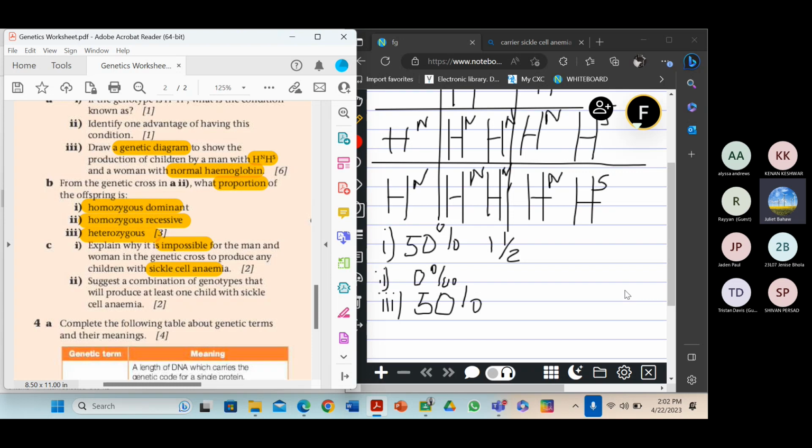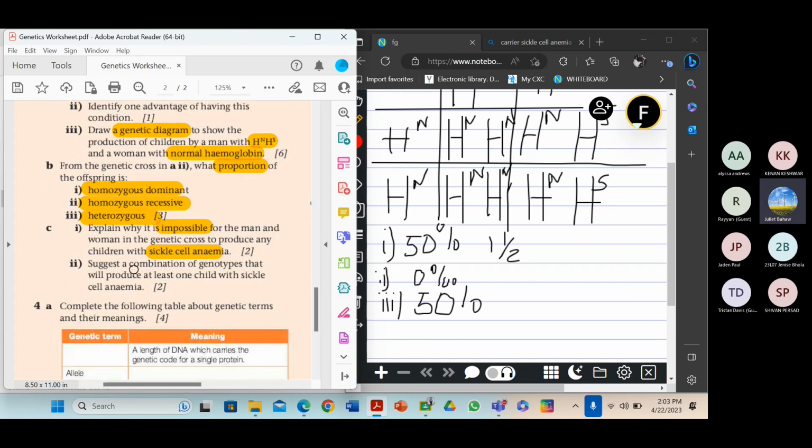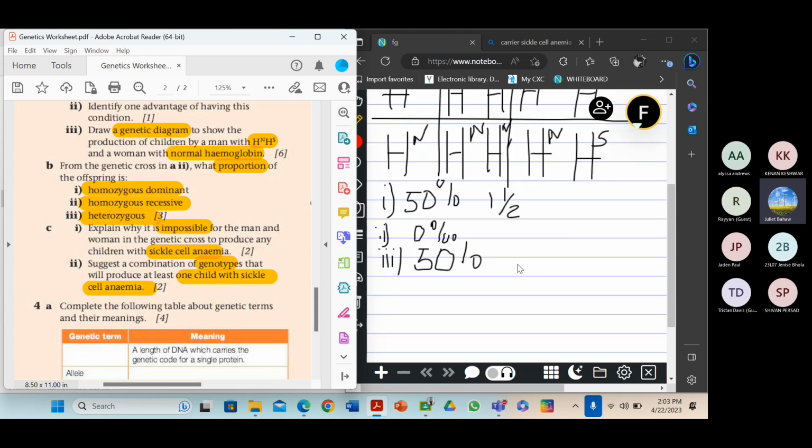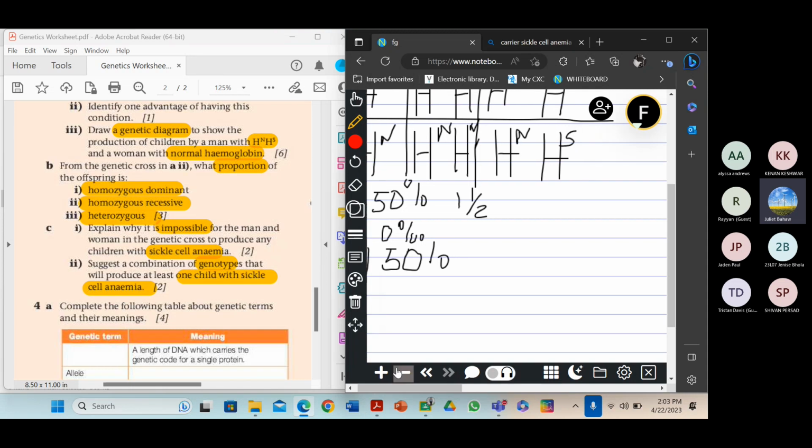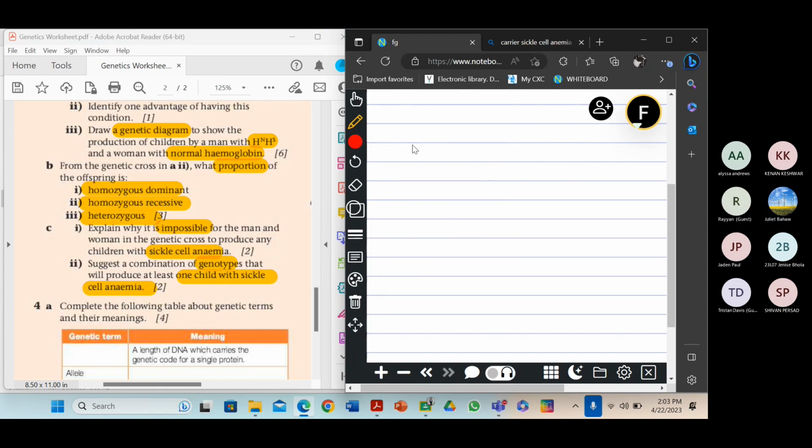You all got that? Yes, miss. Last one. Suggest a combination of genotypes that will produce at least one child with sickle cell. So like I said, it's either you have two parents carrying the trait. So let's say it was both carriers.